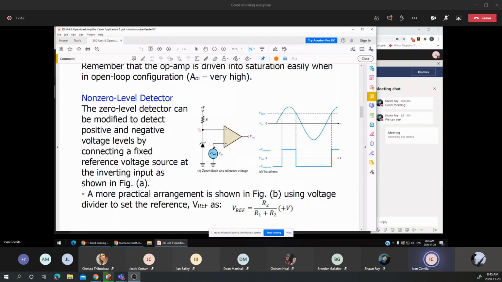If the Vin is less than the VZ or the reference voltage, the output of the op-amp goes on the negative side, means that it will stay on the negative saturation value if the voltage is less than the reference voltage.